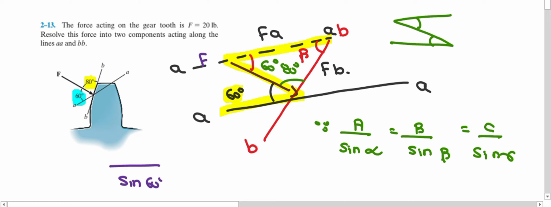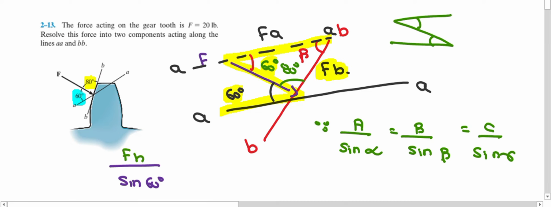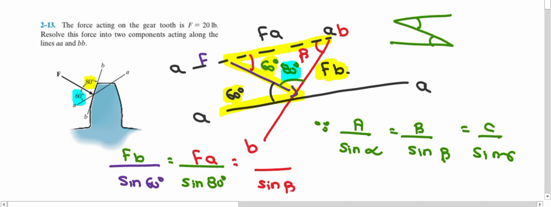The opposite side of this 60 degrees is FB, the opposite side of this 80 degrees is FA, and the opposite side of this beta is F.